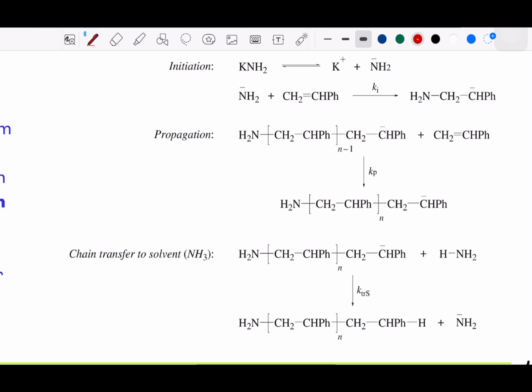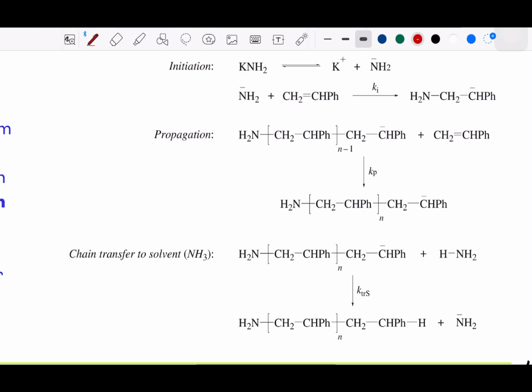So we don't really consider this a termination. It's just the chain transfer. So we chain transfer the active center to another ion. The ion comes from the NH3, and it will stabilize, and the byproduct is the ion. But we successfully get the result.